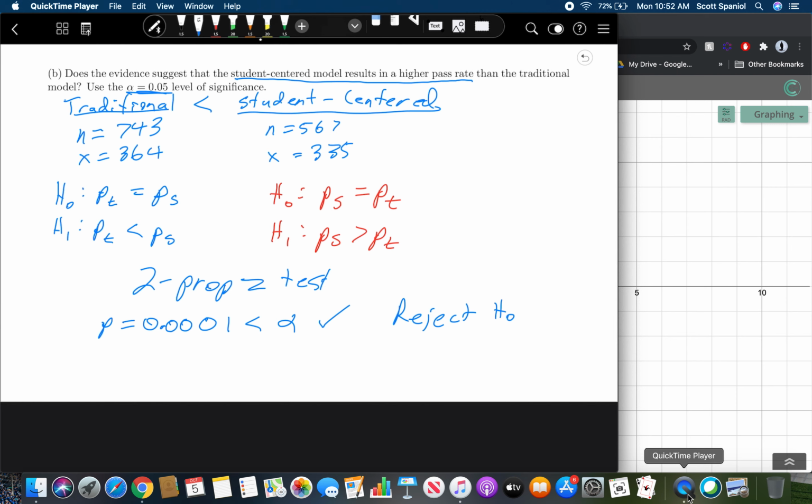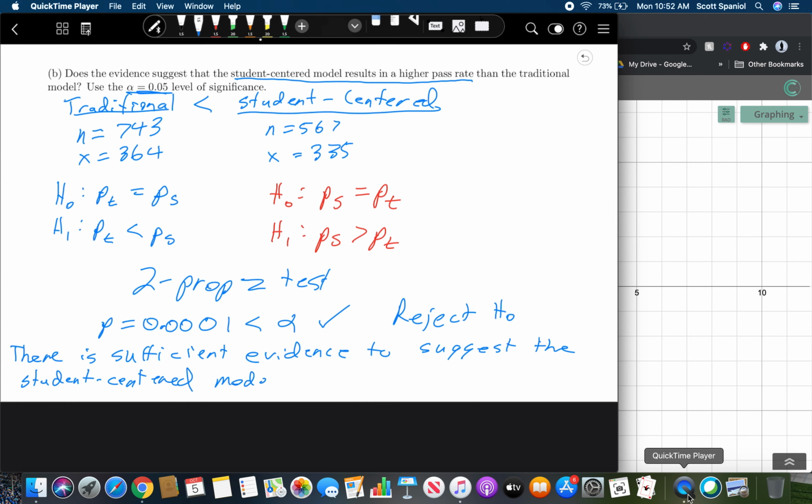And so in this case, we can write there is sufficient evidence to suggest the student-centered model results in higher test scores.